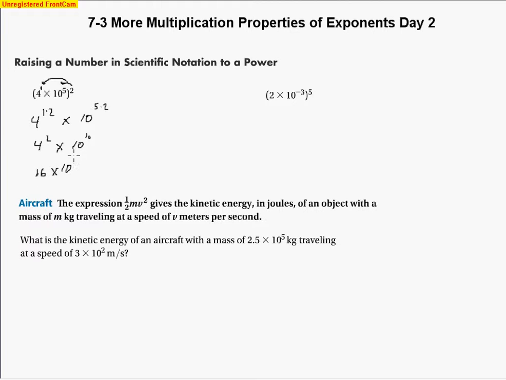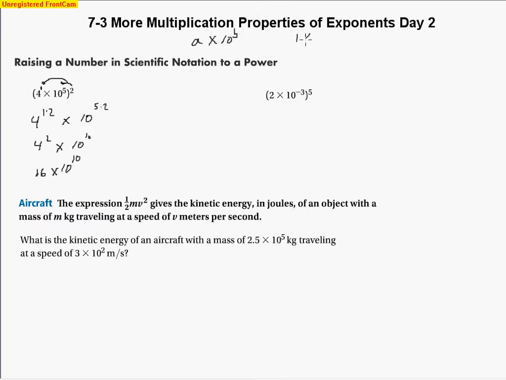The thing to remember is, especially if this number is larger than 1, you're typically going to end up seeing a value that we need to reduce, because remember, scientific notation is in the form a times 10 to the b power, but a needs to be greater than or equal to 1. So let me fix that real quick.